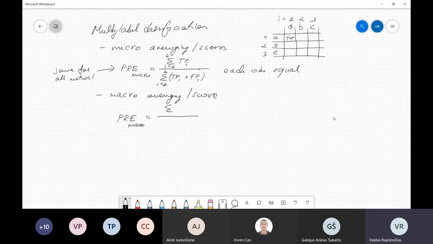You take the sum over 1 until k of the precision of the class itself, which you calculate for the class, and you divide by k. This is an average, which makes each class equal, because you average on the final metrics. That's why it's macro averaging: you have calculated all the metrics and then averaged them.